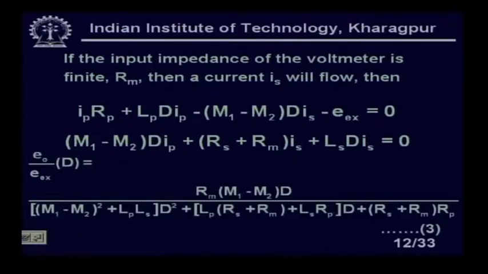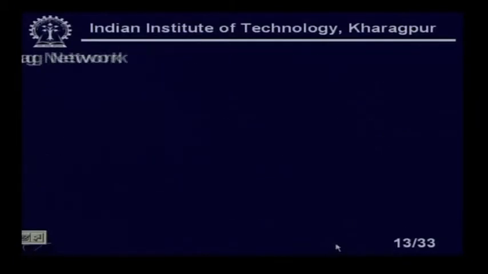If I take all this, I can write the simplification E naught by Ex equals d M1 minus M2 whole square, Lp Ls d square plus Lp Rs plus Rm Ls Rp d plus Rs plus Rm Rp, right. This is equation number 3.